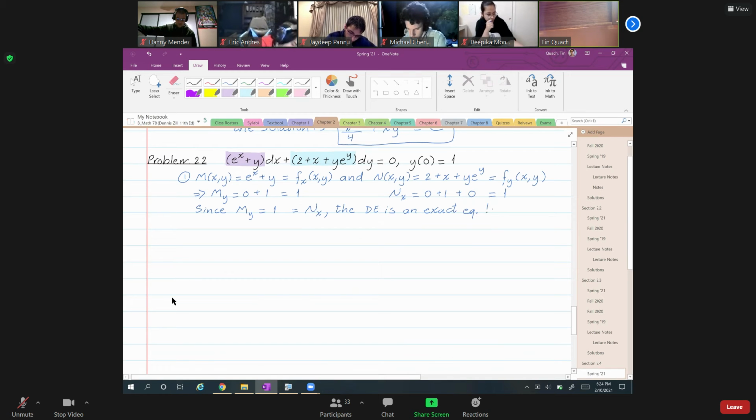Now we can go ahead and use the method that we just used to solve. It doesn't matter whether you pick this one to find f or you pick this one to find f.